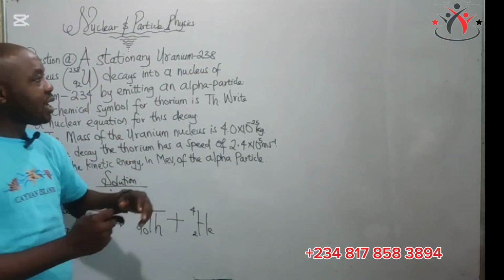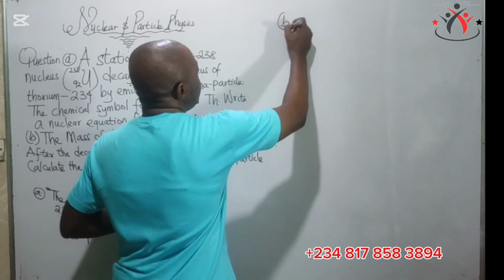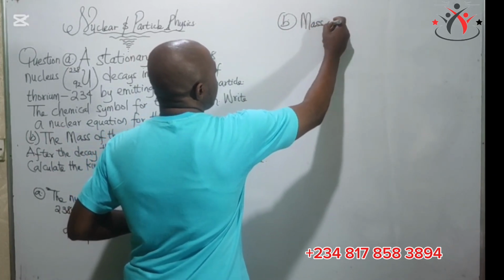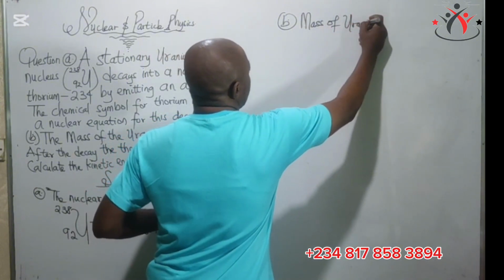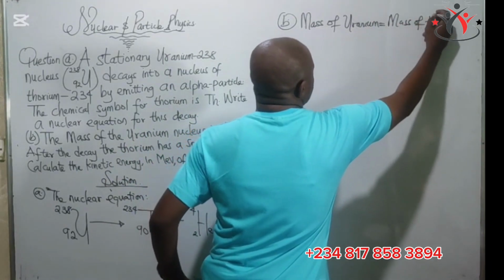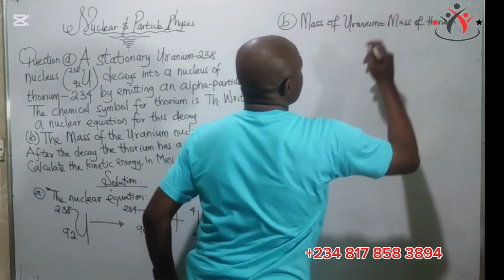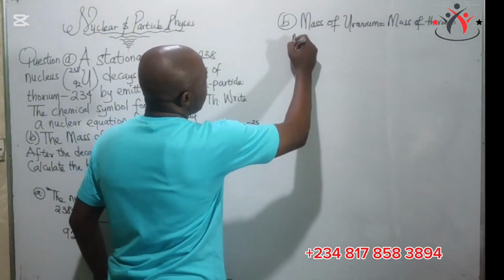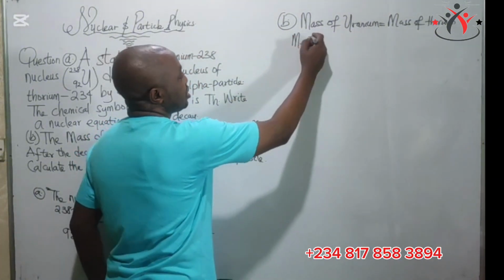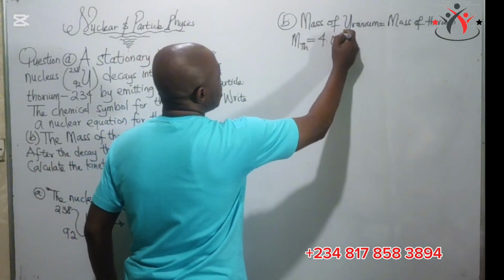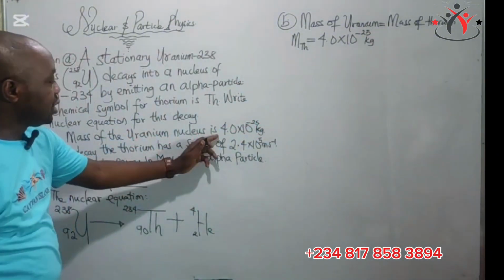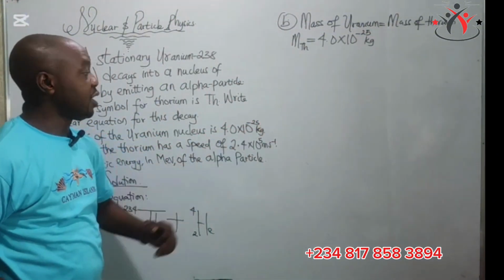So the mass of uranium would be equal to the mass of thorium. Let's say the mass of thorium is designated M_Th. That will be equal to 4.0 multiplied by 10 to the negative 25 kilogram.